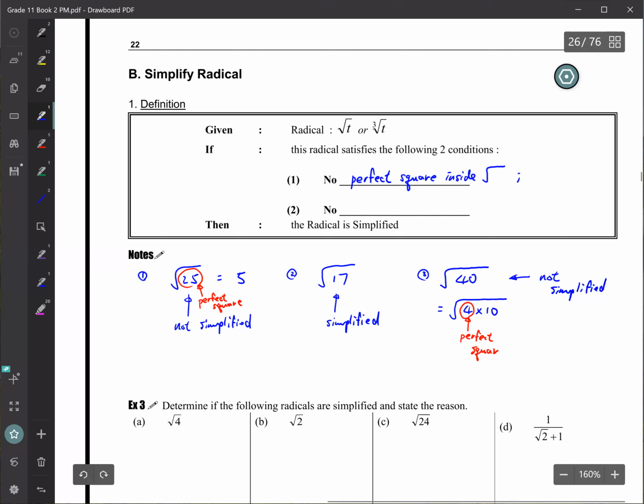Or if the question is a cube root, you want to make sure there's no perfect cube inside your cube root, okay? So if the question is a square root, then you want to get rid of the perfect square on the inside. If the question is a cube root, then you get rid of the perfect cube inside, okay? So write the notes down first and then raise your hand, okay? We're moving on to the next page after this.